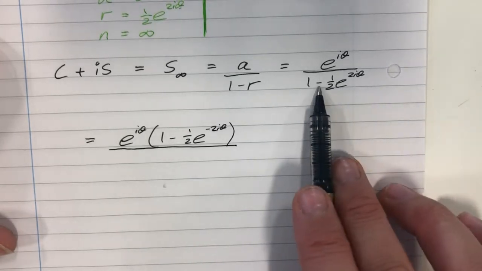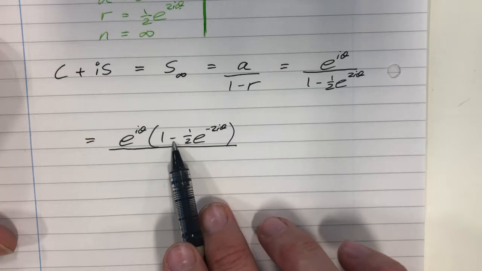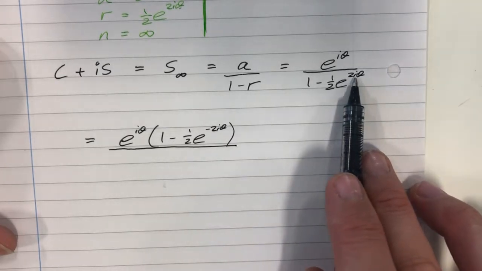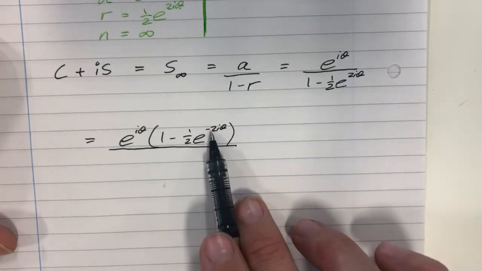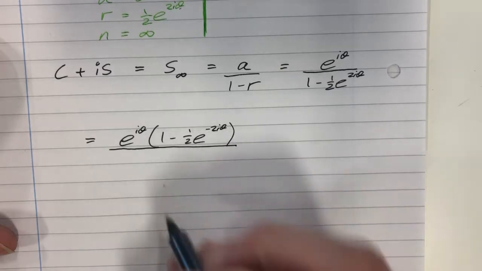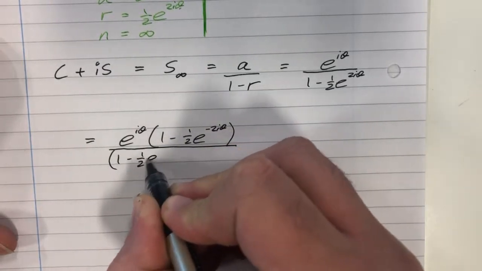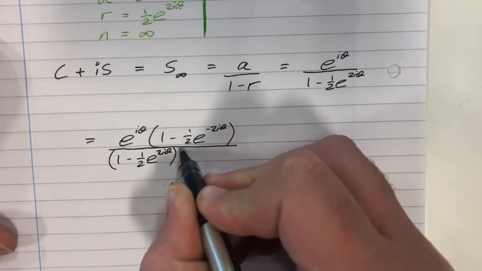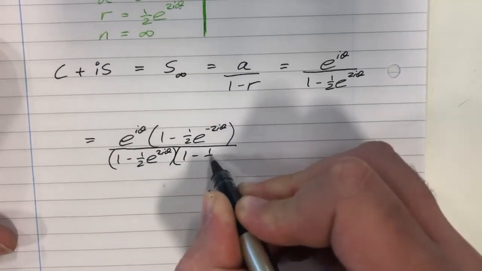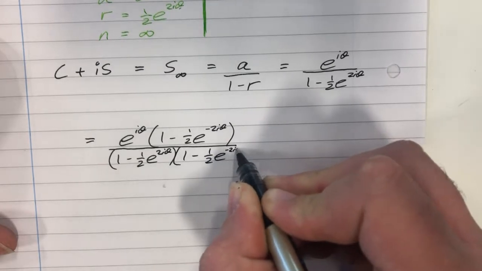It's very tempting to change this sign here to a positive, but that wouldn't be the conjugate. You need to multiply the coefficient of i by minus 1 to get the conjugate. At the bottom is going to be 1 minus a half e to the 2i theta multiplied by its conjugate, which is 1 minus a half e to the minus 2i theta.